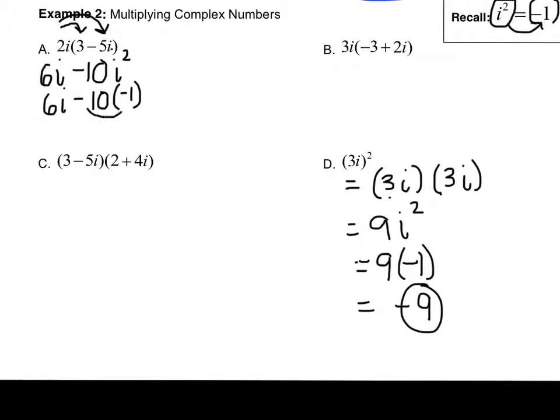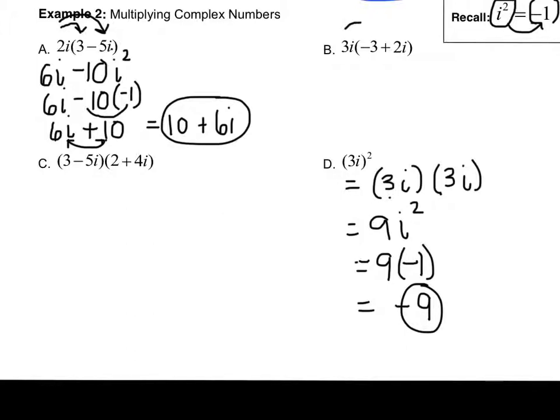So our next step will be to multiply the -10 and the -1. So we'll have 6i plus 10, and now we just need to flip-flop those so the real part's first and the imaginary part is second. So that's our final answer.